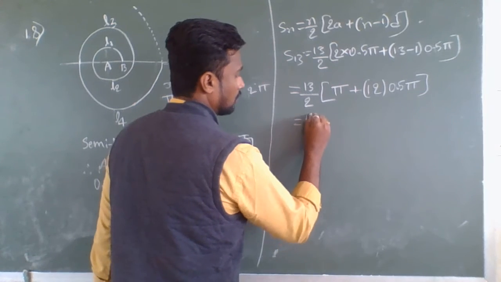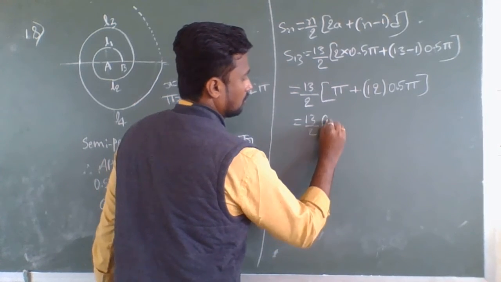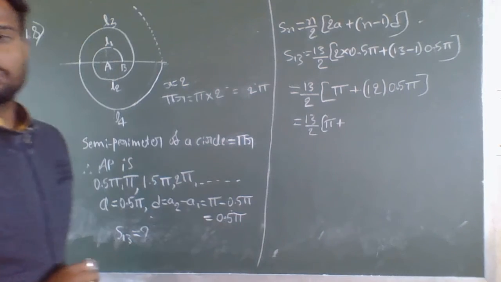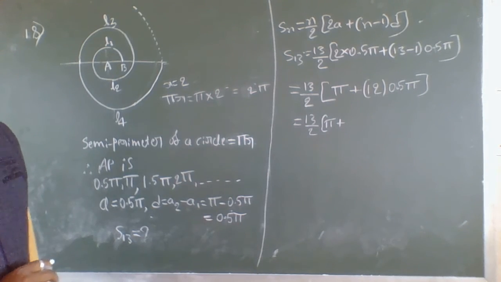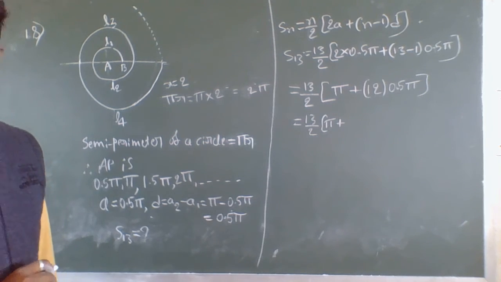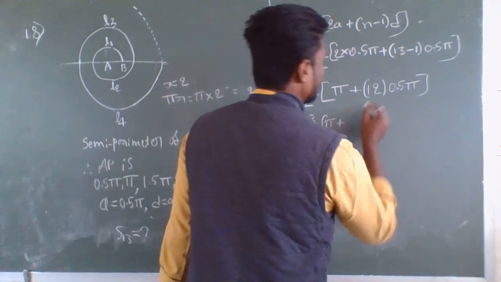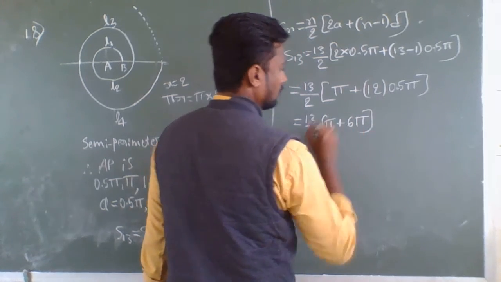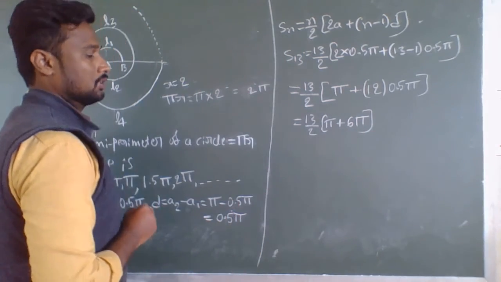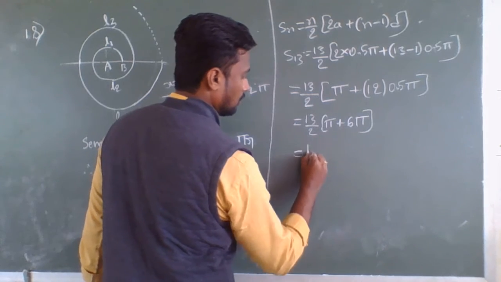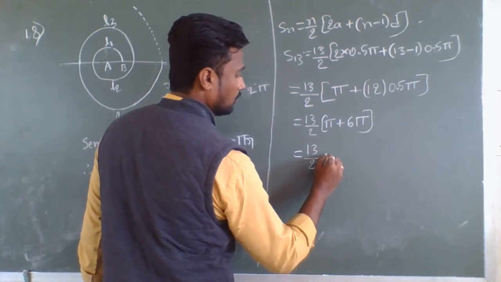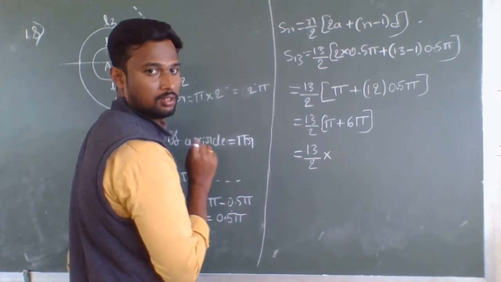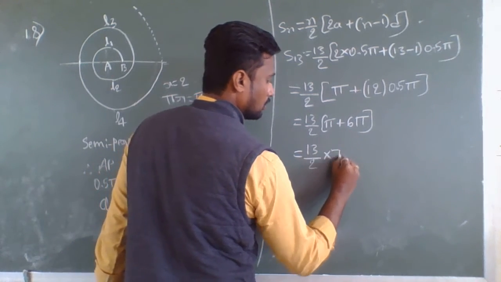So here 13 divided by 2. 12 into 0.5 means how much? 12 into 0.5 means we will get the answer as 6. So 13 divided by 2 into bracket pi plus 6 pi means 7 pi.